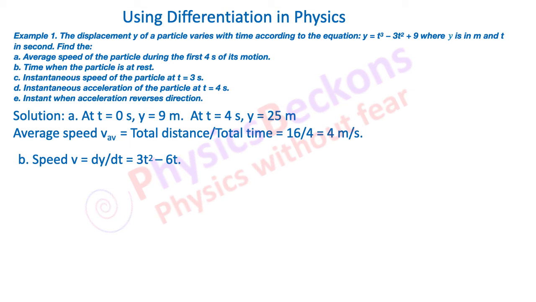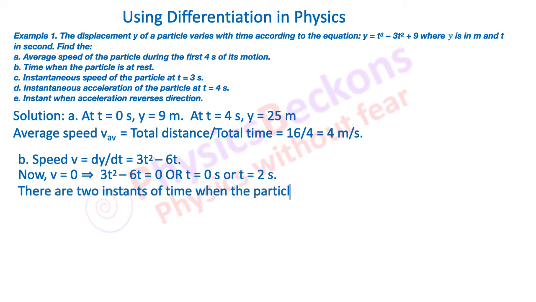Put speed to be 0, which will imply t equal to 0 second or t equal to 2 seconds. That is, there are two instants of time when the speed of the particle drops to 0, that is, the particle is at rest. For the third part, you need the instantaneous speed at t equal to 3 seconds.